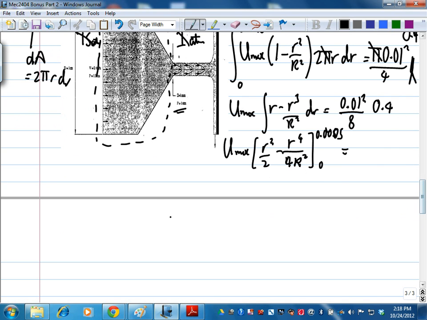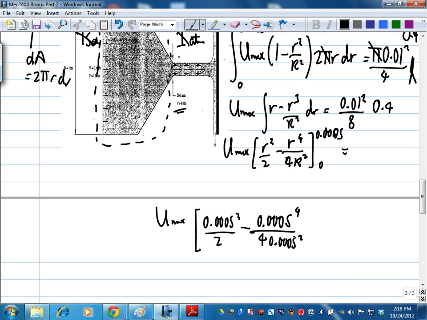Okay, so Umax times 0.0005 squared over 2 minus 0.0005 to the 4 over 4 times 0.0005 squared.